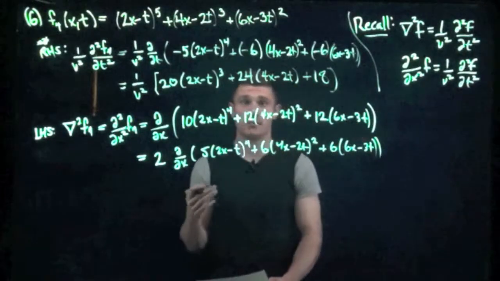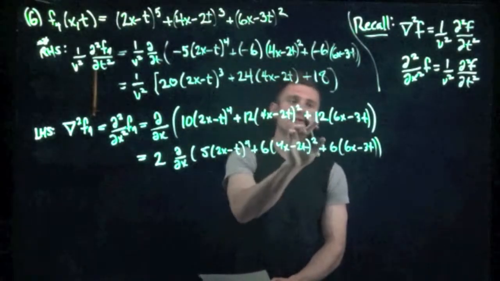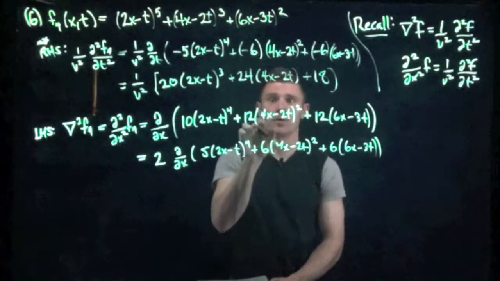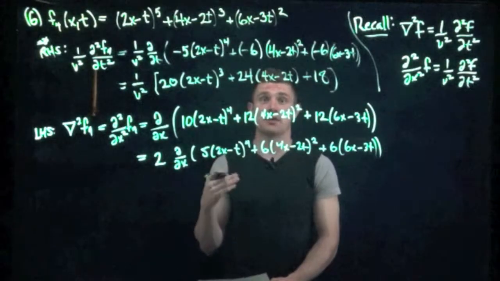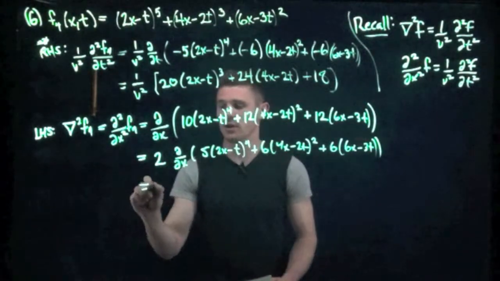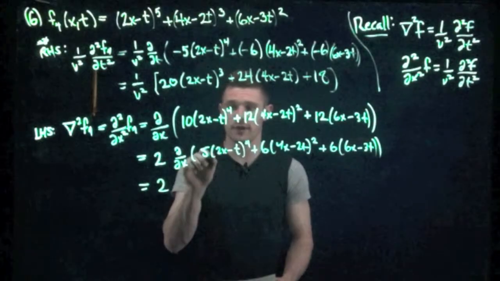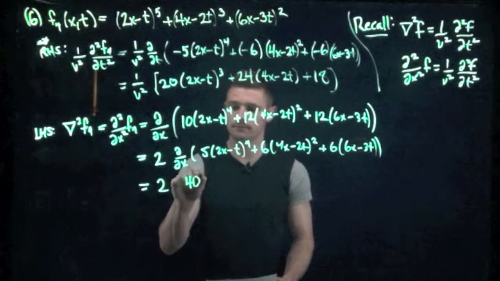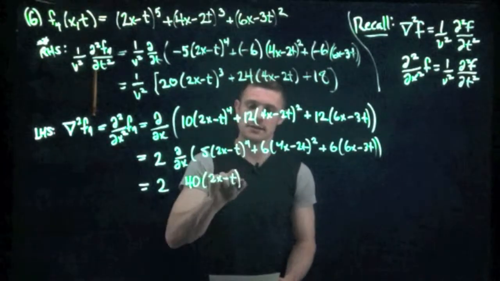And again, I just did that because I looked at this and saw 10, 12, 12. When I start taking the second derivative, I'm going to pull the 6 out, I'm going to have a square come down with the 4, and I can see that those constants are going to get large right away. So I pull this 2 out, and it helps me for my next derivative, which gives me 5 times 4 times 2, which is going to be 40(2x - t)^3.